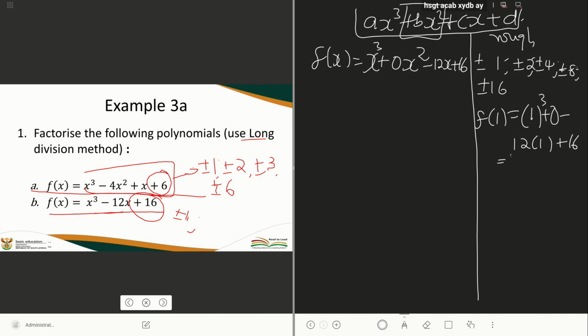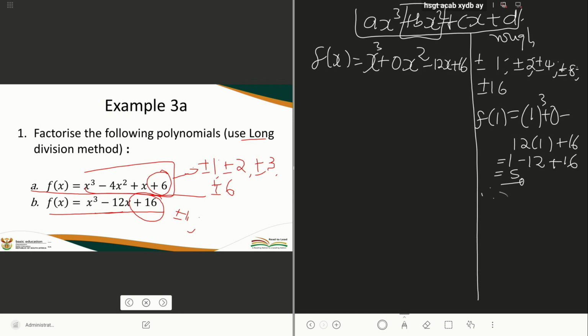So I'll have 1 minus 12 plus 16. When you simplify this all together, it's going to give you negative 11, then 4 plus 1, which is 5. So now your remainder is 5.